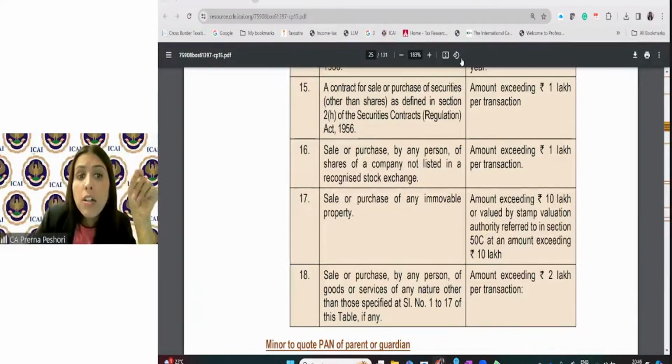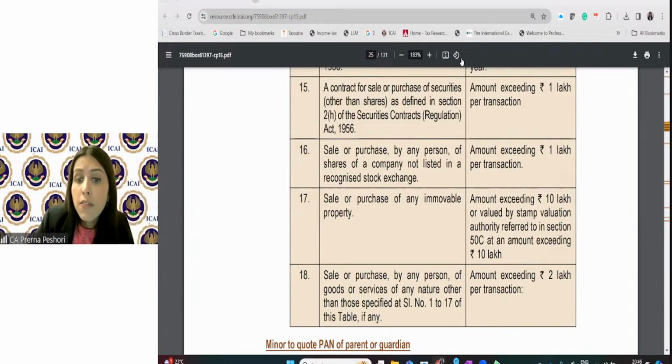Or for that matter, the sale or purchase of shares listed on the stock market, or sale or purchase of any other shares, even if it exceeds these amounts, these non-residents are not required to obtain PAN. Or for that matter, the LIC premium being paid by a non-resident, or fixed deposits deposited by the non-resident. In that case, the non-resident is not required to obtain PAN.